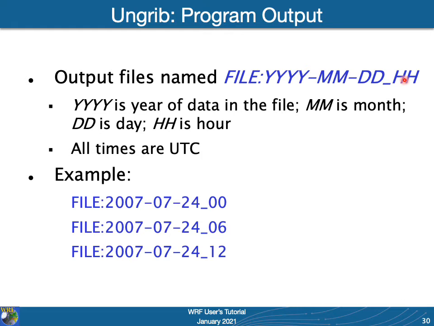So for example, if we had GRIB data that provided us meteorological data for 12 hours from 2007 July 24th at 0 UTC through 2007 July 24th at 12 UTC every 6 hours, after running the Ungrib program, we might expect to see 3 intermediate files corresponding to data at 0, 6, and 12 UTC.